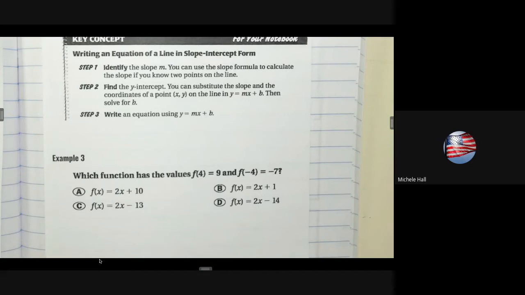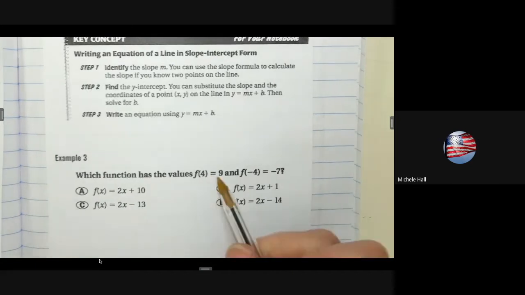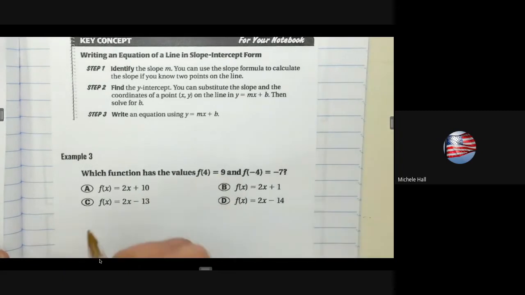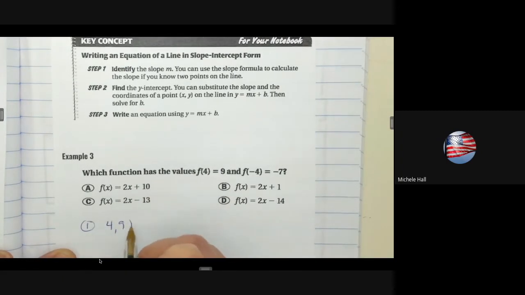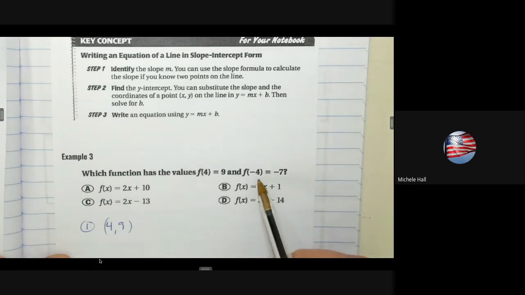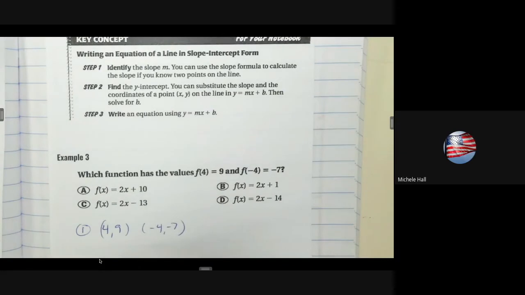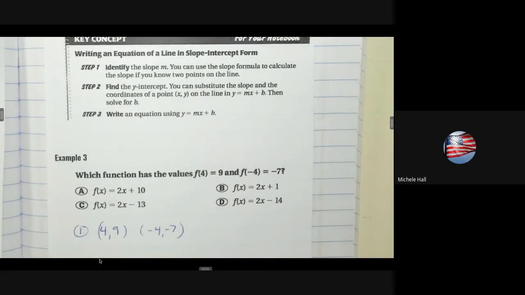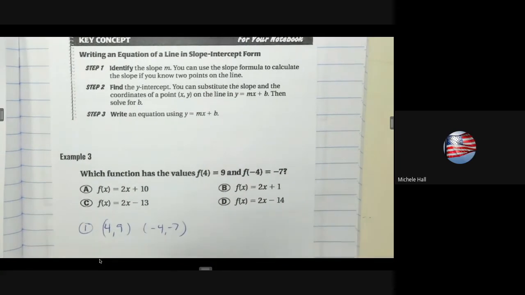Looking at example 3, which function has the values f of 4 equals 9 and f of -4 equals -7? We have when x is 4, y is 9. So we have the coordinate 4, 9, and we have the coordinate -4, -7. I could go through the whole process of what we just did, and I could find that equation. Let's see.